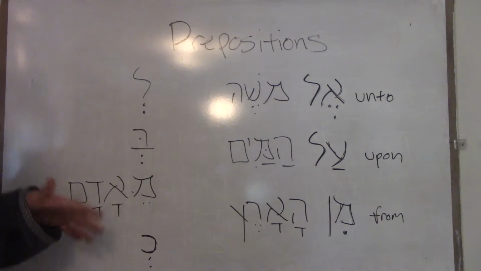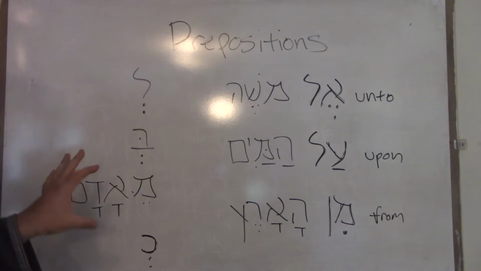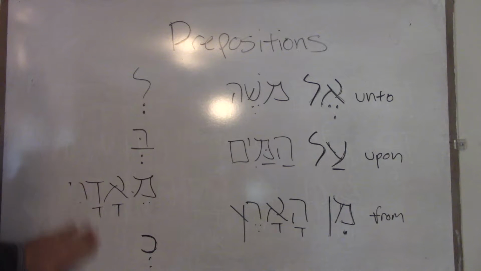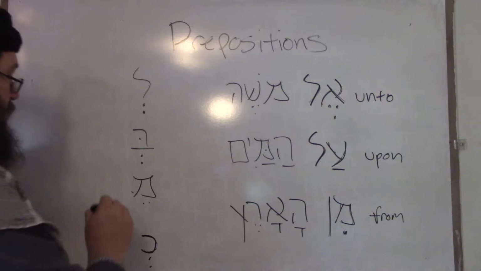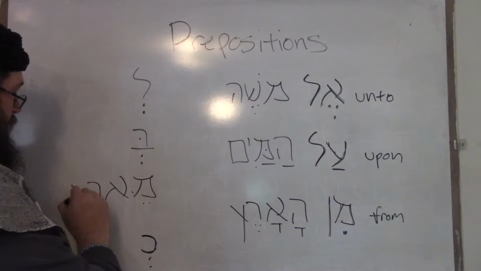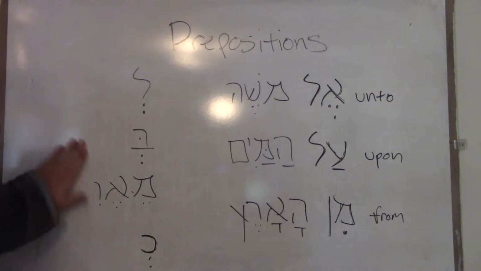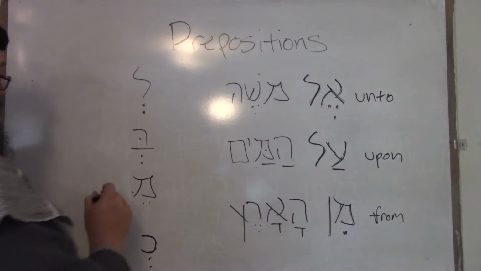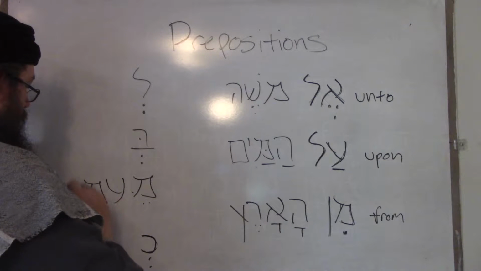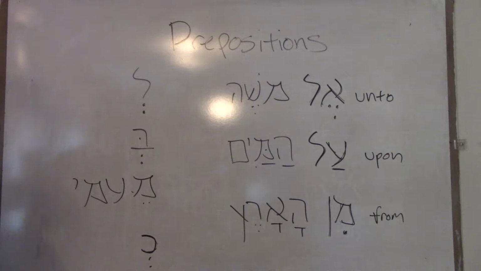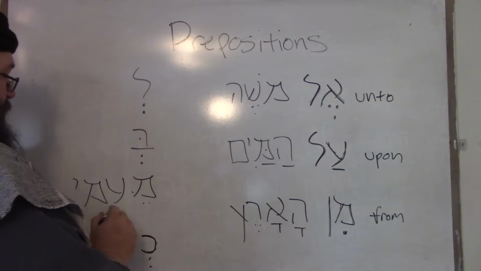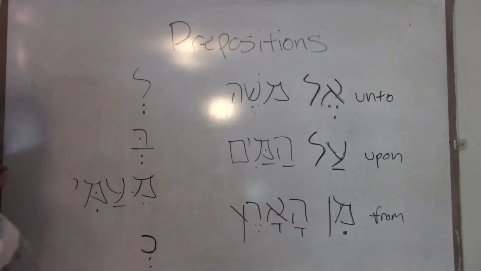When we're using the inseparable preposition, this is only going to be used with proper nouns, like me'adam, or when we're using an indefinite noun, for example, me'eretz, or if we're using a noun with the pronoun, such as me'ami, from a people.